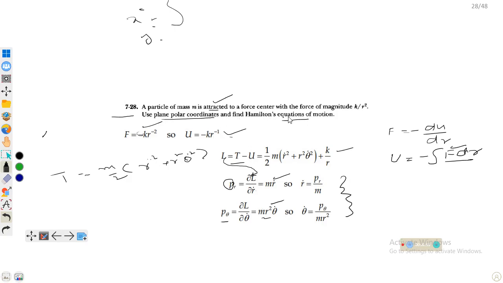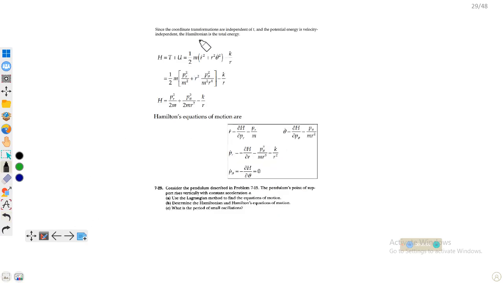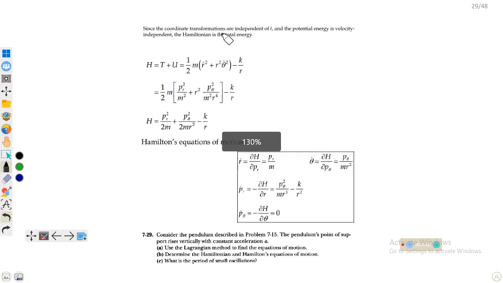Now we have to find the Hamilton equations of motion. Since the coordinate transformations are independent of t and the potential energy is velocity independent, the Hamiltonian is the total energy.